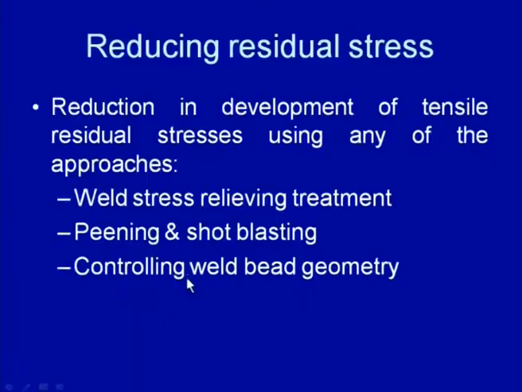Controlling the weld bead geometry, like having a convex weld developed in place of a concave weld, will also reduce the solidification cracking tendency because of the setting up of compressive stresses, especially at the surface.